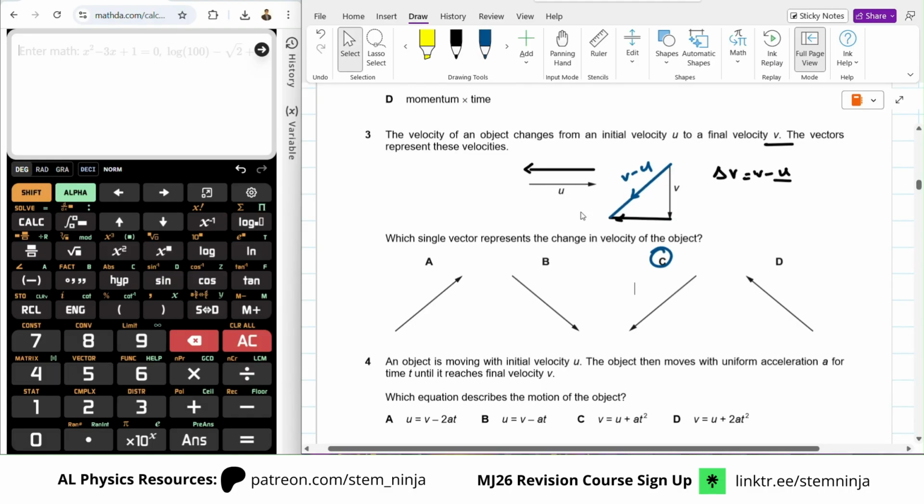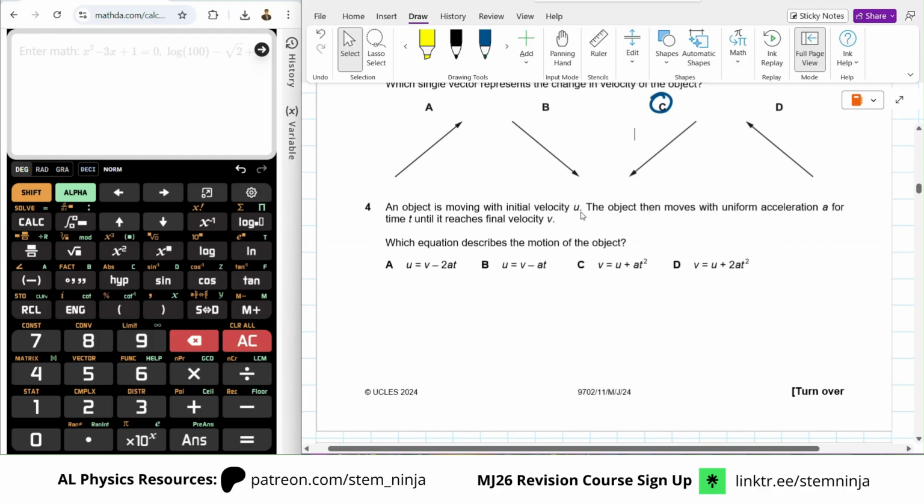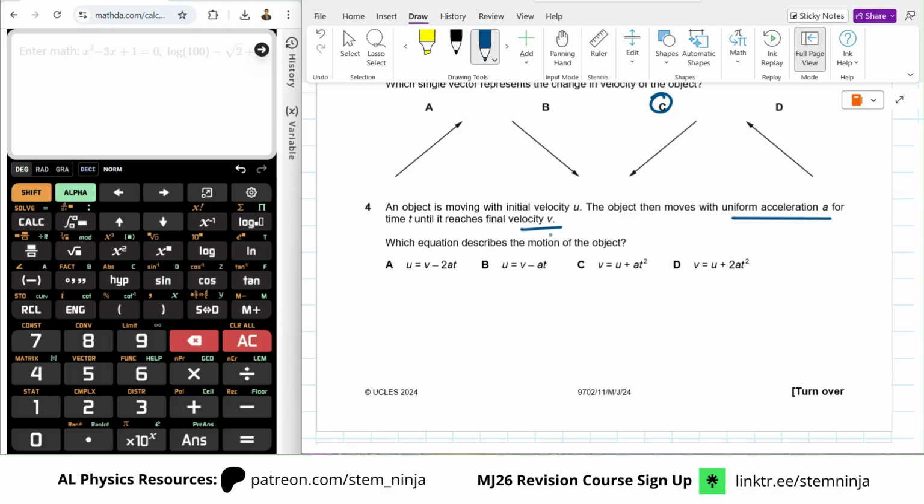So option C. An object is moving with initial velocity u. The object then moves with uniform acceleration a for time t until it reaches final velocity v. Which equation describes the motion of the object? So we have u, we have v, we have a, we have t. The only thing that we don't have is s.